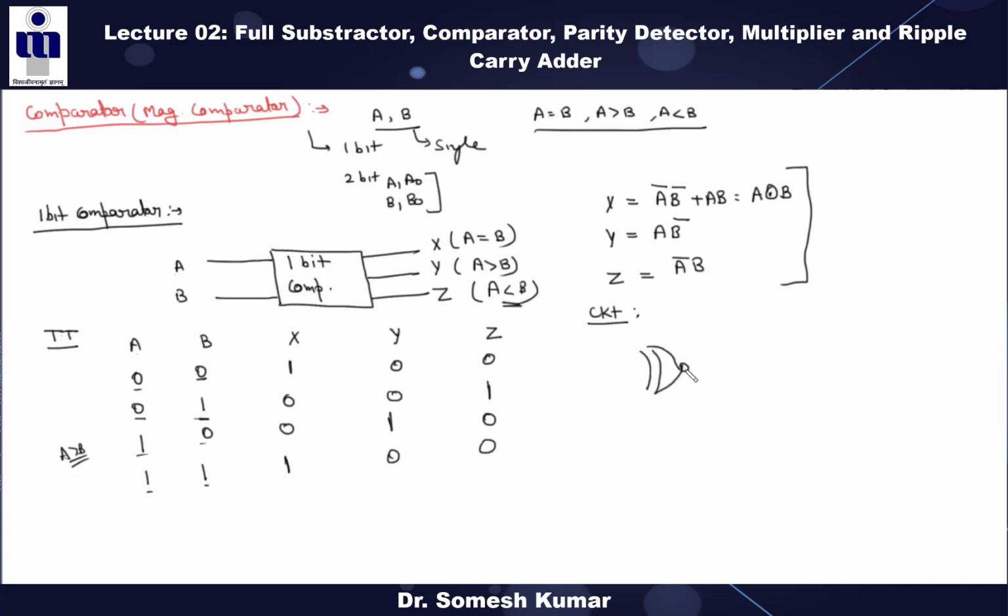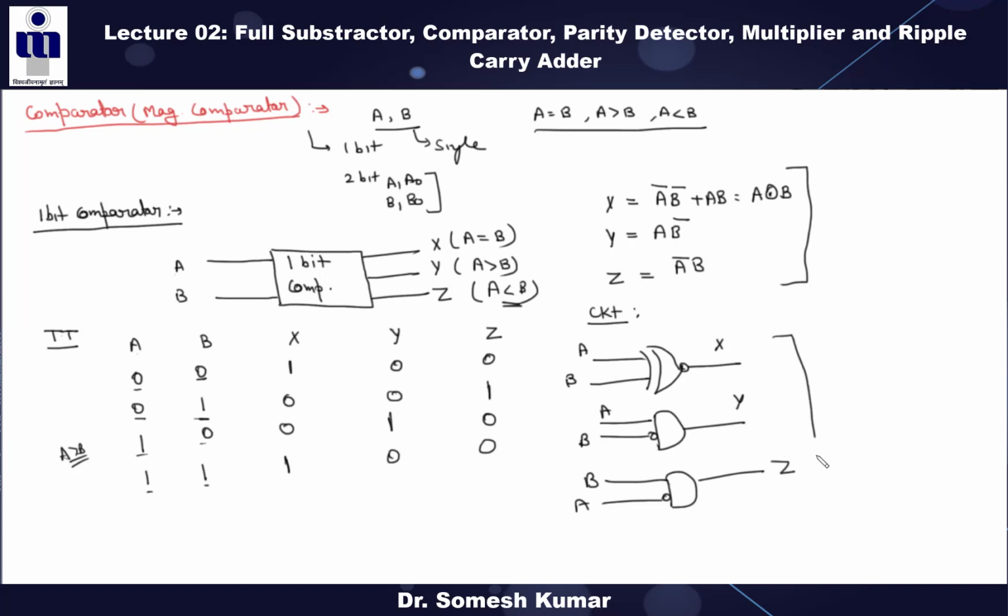This is the XNOR gate with inputs A, B, and this is your X. Here we have B and A, and this is AB bar, which is Y. And this is also A and B, and this is your Z. This is your comparator circuit, the 1-bit comparator circuit.